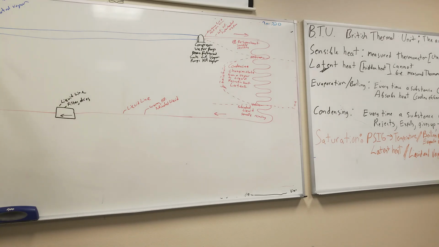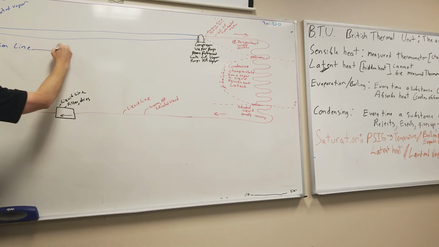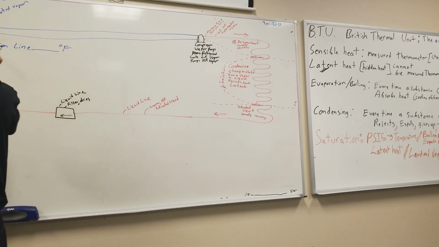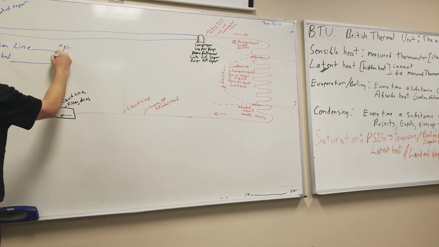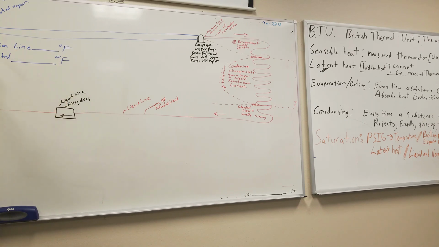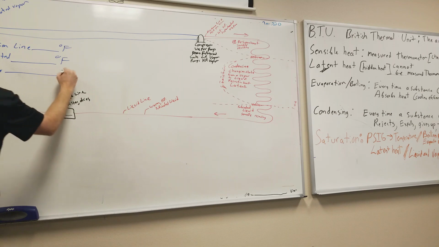Take the actual temperature of the low pressure line, the suction line, in degrees Fahrenheit, minus the suction saturated PSI converted to temperature, equals superheat, if there is superheated vapor.